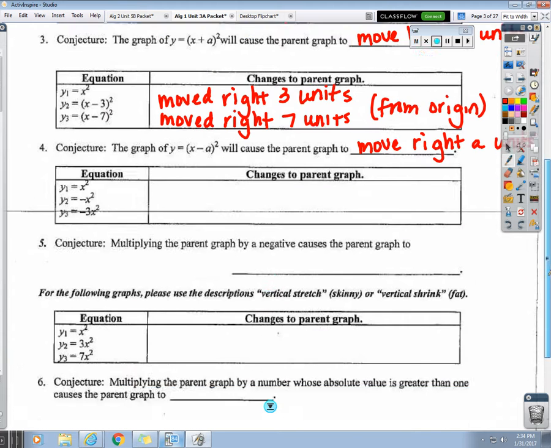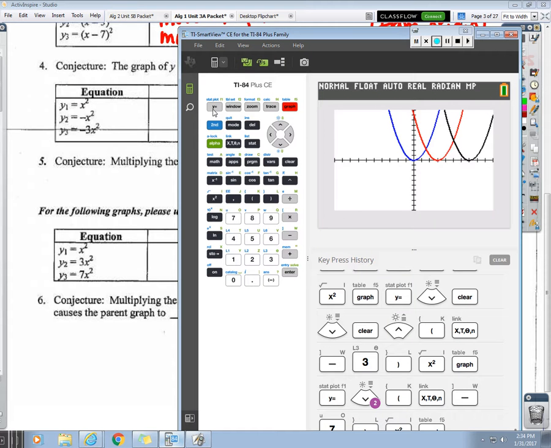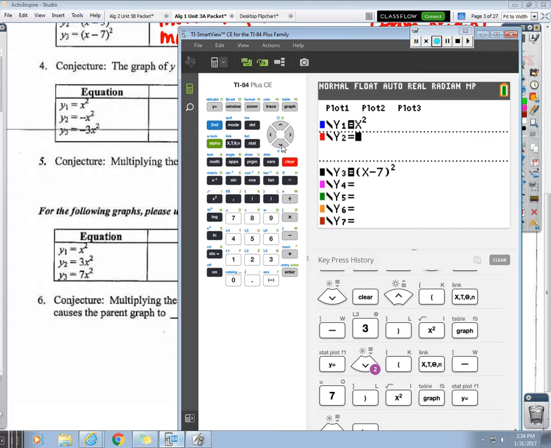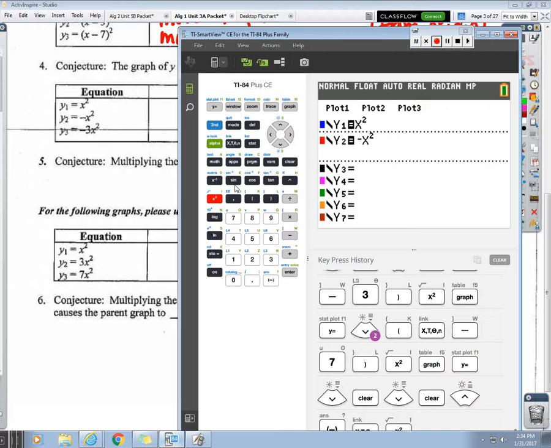Okay, now let's look what happens when you throw a negative out in front of the x squared. So first just graph y1 and y2. Okay, y1 is just x squared, your parent graph, and y2, the parent graph has been changed by putting a negative in front, multiplying it by a negative.